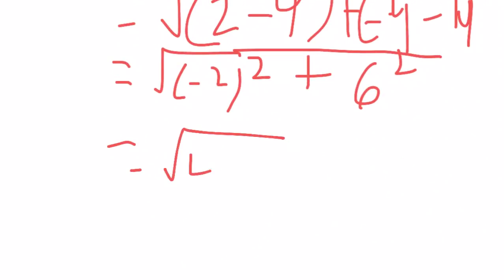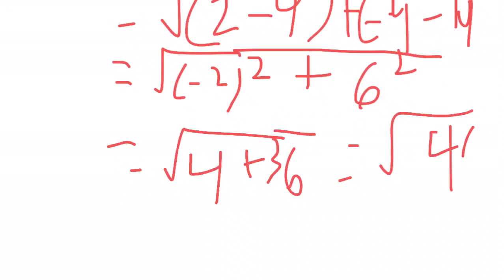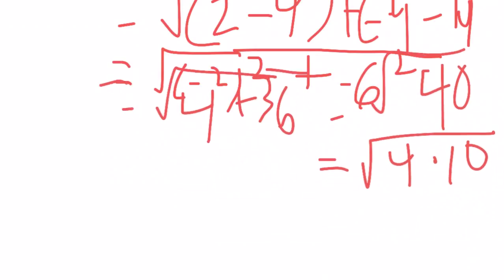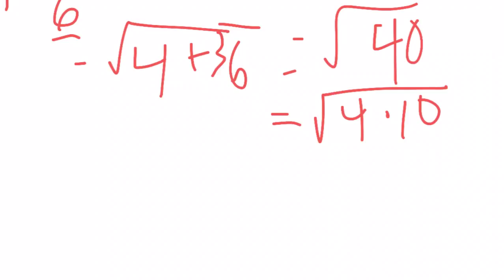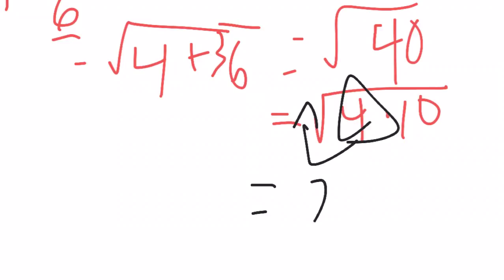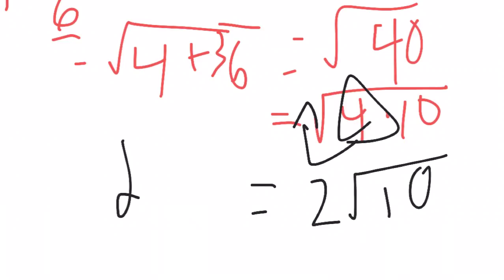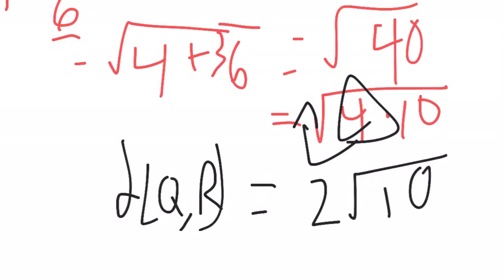Negative 2 squared would be 4, 6 squared would be 36. That would be square root of 40, which, if you want to factor it down, would be 4 times 10. And remember, the square root of 4 is 2, so that would move to the outside, so it would be 2 square roots of 10. So the distance from Q to R is equal to 2 square roots of 10.